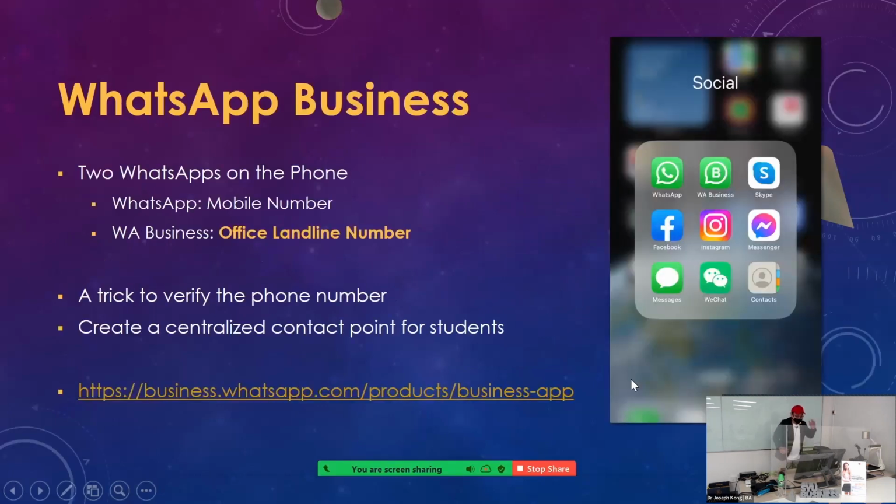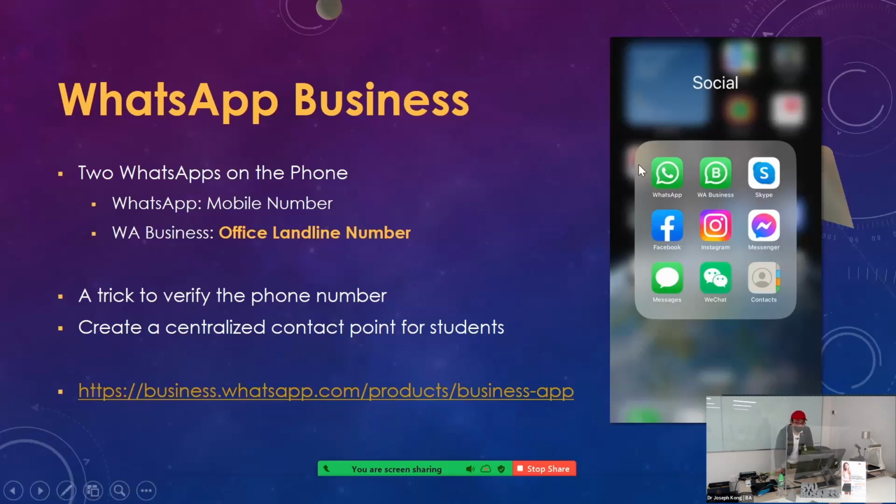Okay, so WhatsApp Business. This is the app that I would like to introduce to you. This is a screen capture of my cell phone, and you will see that this is the typical WhatsApp that you are using. And this one is WhatsApp Business with a B in the center. So you can see that on a cell phone, you could run two WhatsApps at the same time.